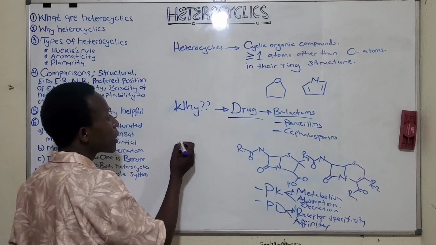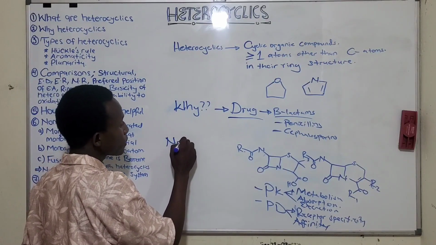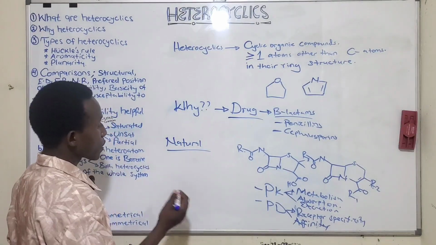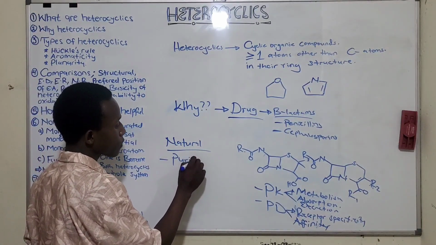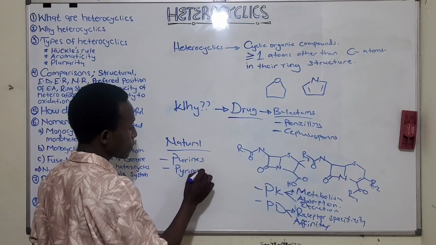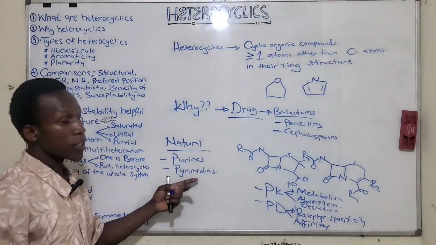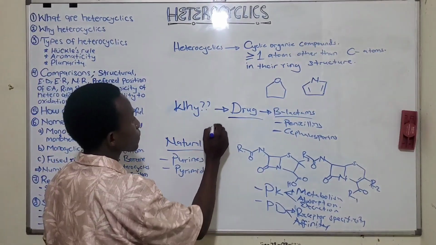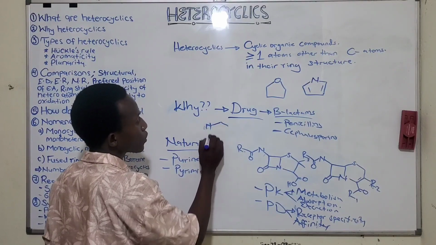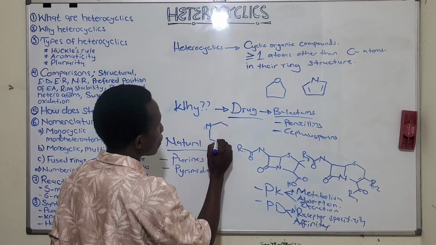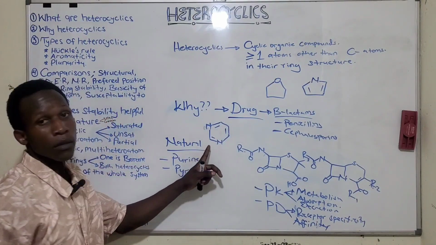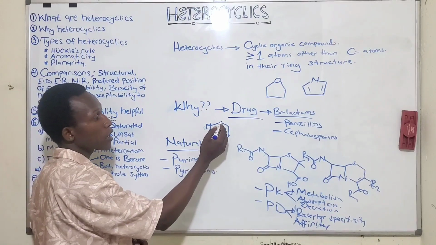Other than drugs, many natural organic compounds, for example, the purines and pyrimidines, are heterocyclics. In this structure we have a nitrogen; this is a pyrimidine. It's a heterocyclic.